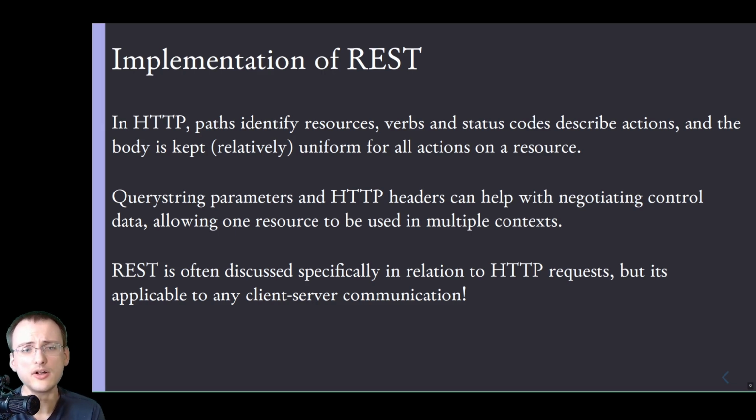When we are supplying query string parameters or HTTP headers, we're able to do a little bit more negotiation to make sure our resources that we give back are in the correct format, are able to be interpreted by the client or server on the other side.